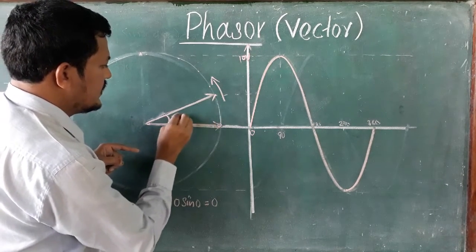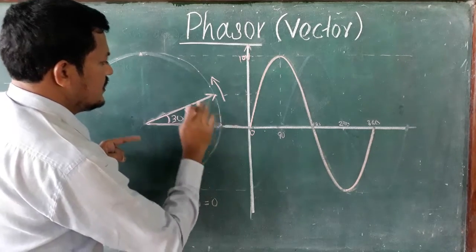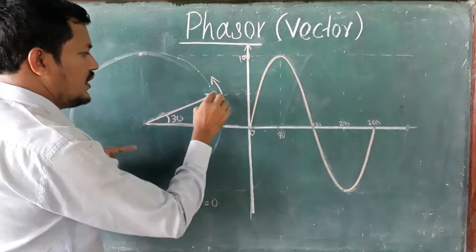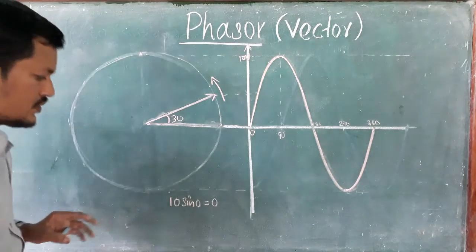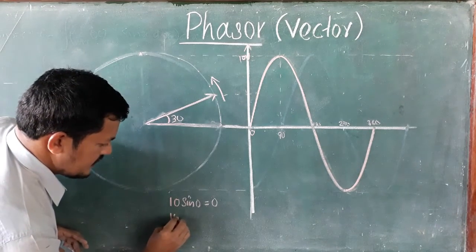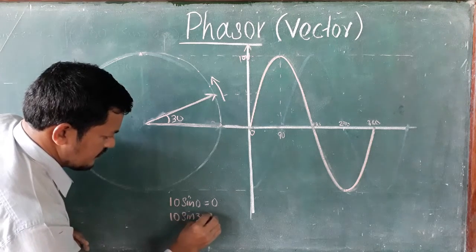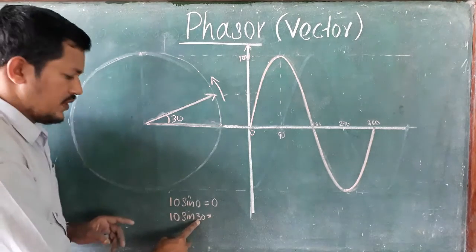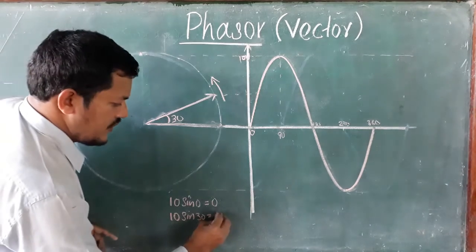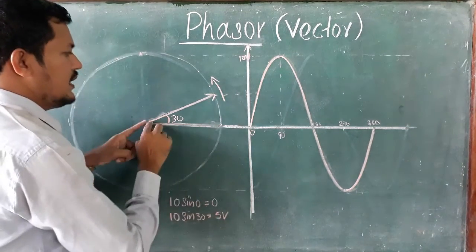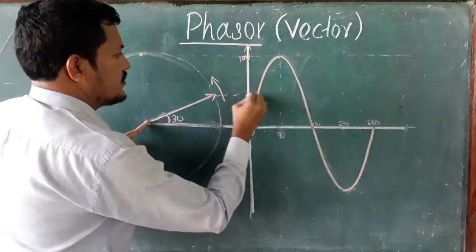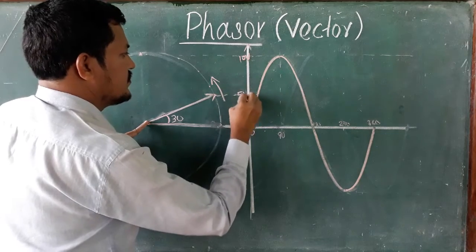Now we can find the value at 30 degrees: its magnitude into sine 30. Sine 30 is 0.5, and 0.5 into 10 means 5 volts. So at 30 degrees it is 5 volts.